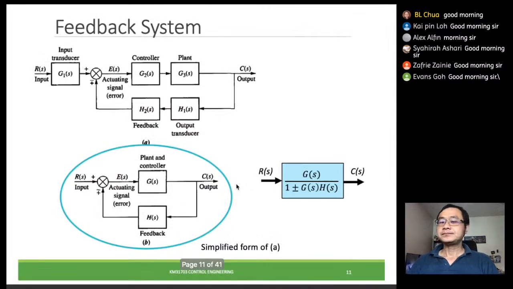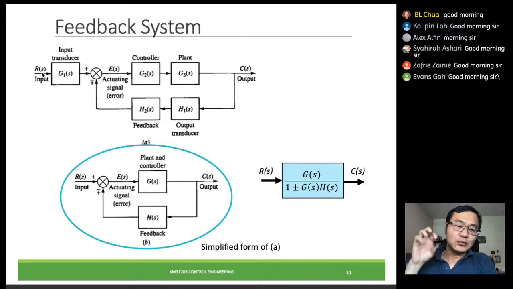All right. Now come back to the feedback system. Generally we have this kind of feedback system, as shown here, and it can go through multiple blocks. We can have a transducer over here, a controller over here, then our plant. This plant can be any machine or any process, and so on.